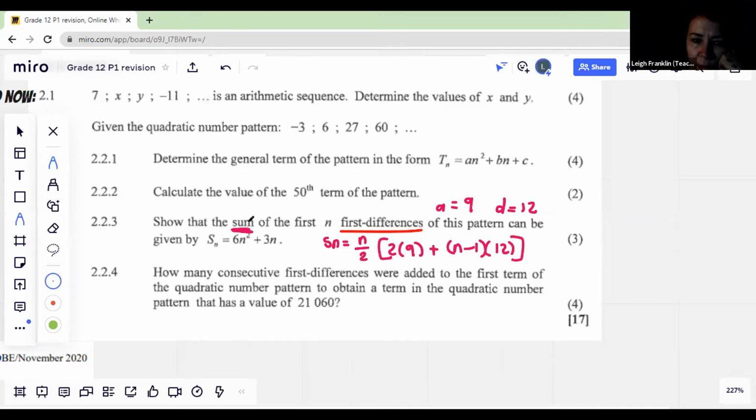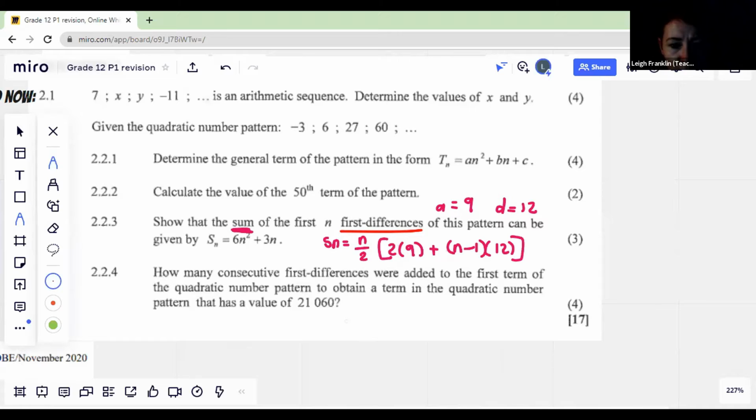So they want us to work out the sum of the first n first differences of this pattern. Is everybody happy with that? You would then simplify this, and that's how you would end up with the 6n squared plus 3n.